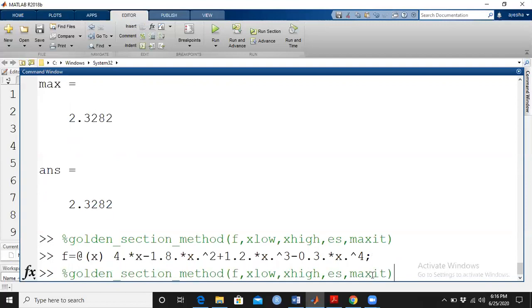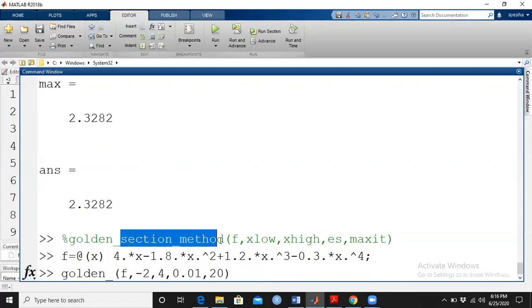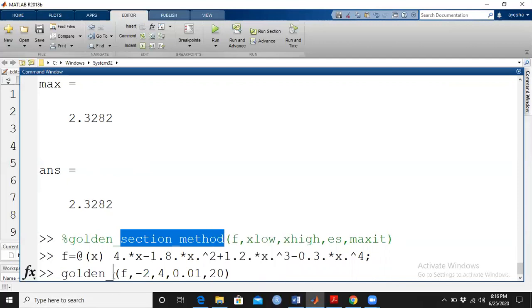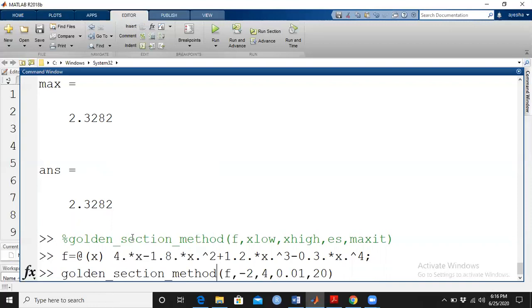Next, I will type here. Now remember that I want to call this function, because I have recently saved the golden section method M file. So I want to call this method. Now F is already given here. This function, -2 is the lower bound, 4 is the upper bound, 0.01 is the error, 20 is the number of iterations.